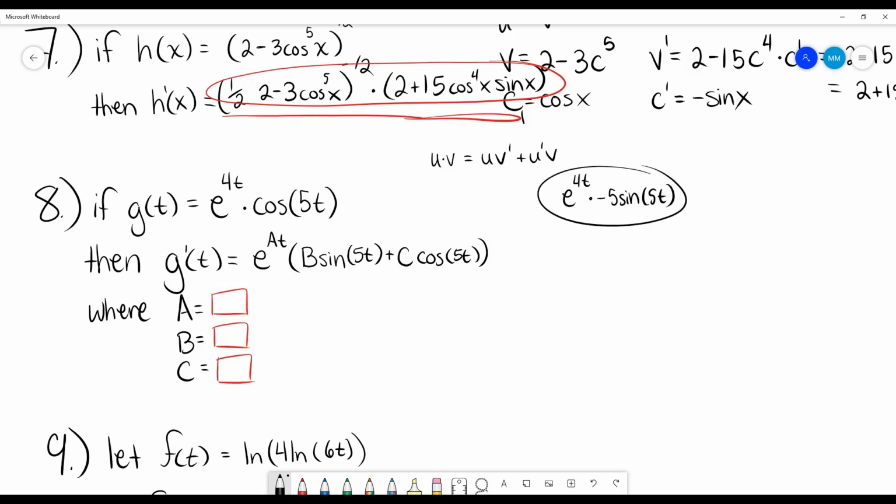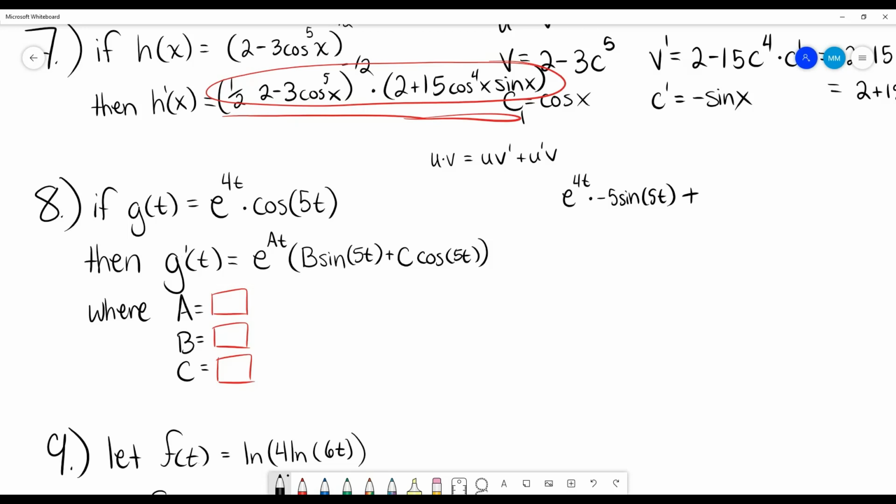All right, so we've got our first bit. We did the first term times the derivative of the second term. Now we need to add that to the derivative of our first term times our second term. Well, the derivative of our first term, we know that the derivative of e to the x is just e to the x. And we know that a couple ways.